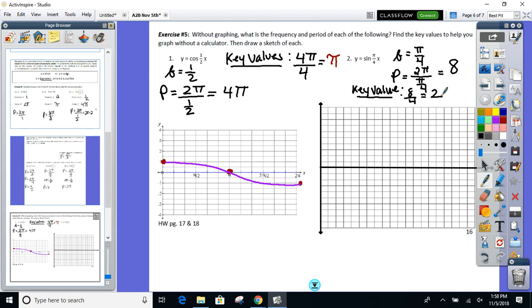Just make sure all the spacing is equal. Do you want to go every 2, every 4, every 5? It's up to you. I'm going to go every 4. 1, 2, 3, 4. So my first point, 2. You have a key point every 2. So what should be the next point I graph on here? 4. Yeah, every 2. 4.